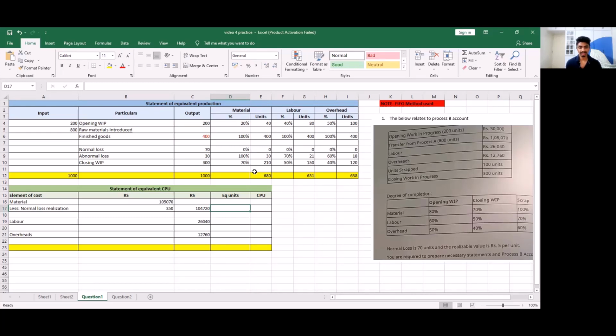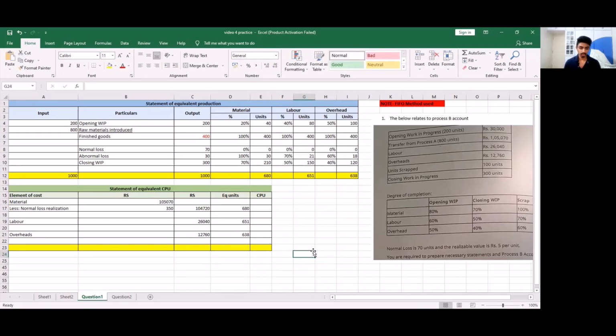And under units, we have calculated the sum of equivalent production, which is 680. So we will write this here as 680. Similarly, for labor, we have equivalent units as 651. And lastly, for overheads, our equivalent units is 638.